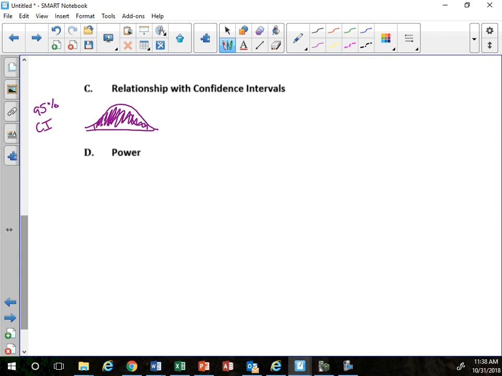So, when we're doing a hypothesis test, if the hypothesized value is in our confidence interval, so what I mean by that is in the shaded part, we fail to reject.